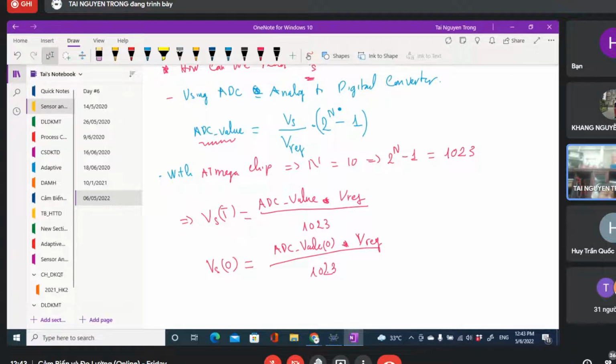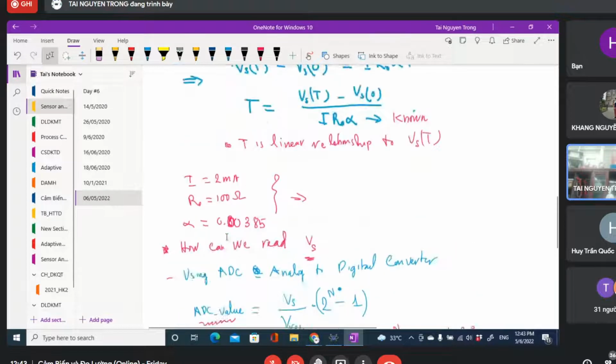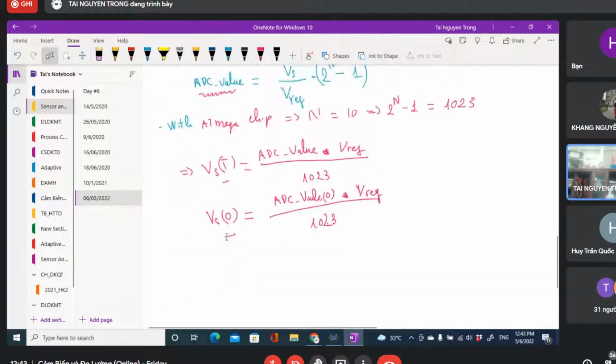It's a linear relationship. And we can calculate directly.